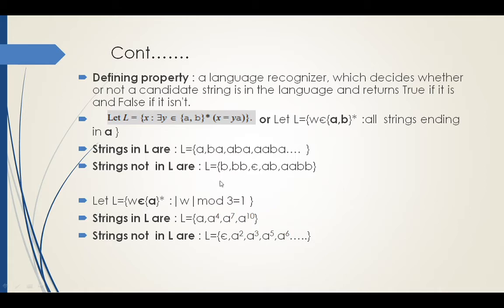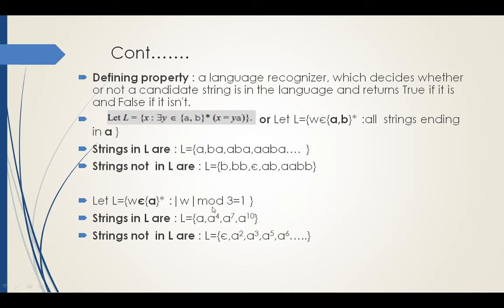Take a second example here for defining a property. Let L equal to {W | W belongs to A star}. W is a string, and we form the string by considering the symbol A. How many times does this A occur in the string? Zero or any number of times, where mod of W, the length of W, mod 3 equals 1.